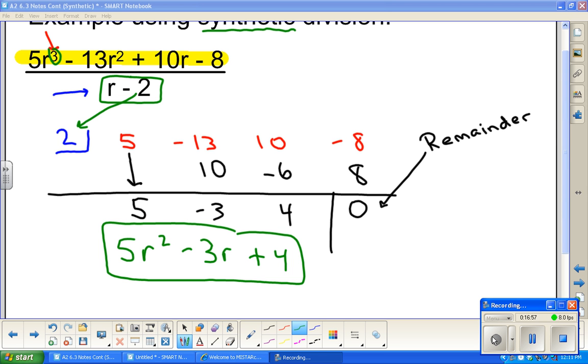Question. If there was an exponent on this r, you couldn't use this method. It only works for dividing linears out.